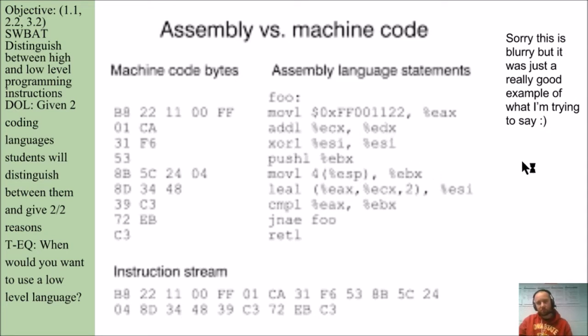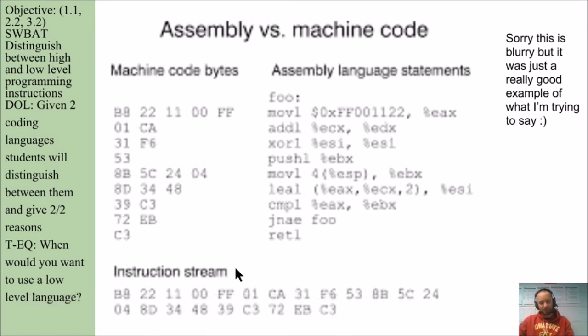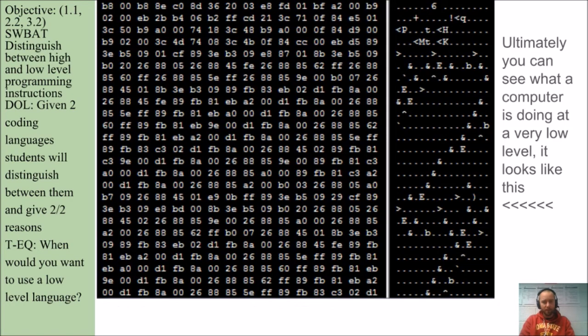Sorry it's blurry, but it's a really good example of what I'm trying to say in terms of machine code versus assembly code. You can go down here and see the instruction stream, which is very fascinating, to look at just the stream of binary that's flowing through the machine for this particular program. So here's more of an instruction stream.